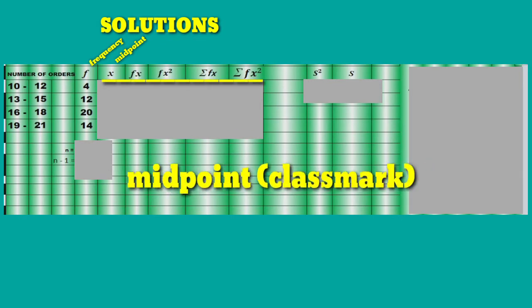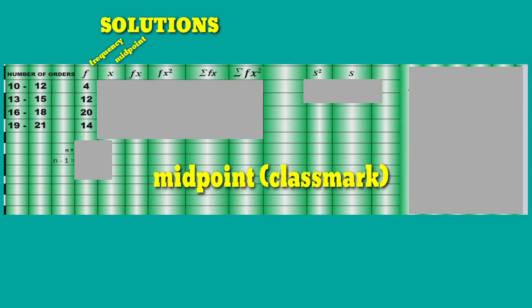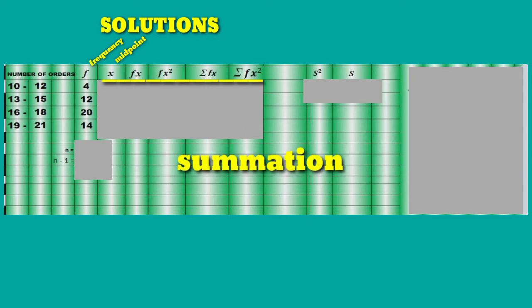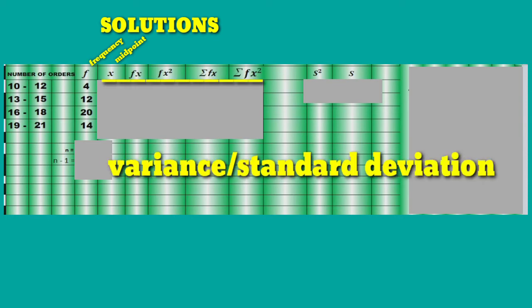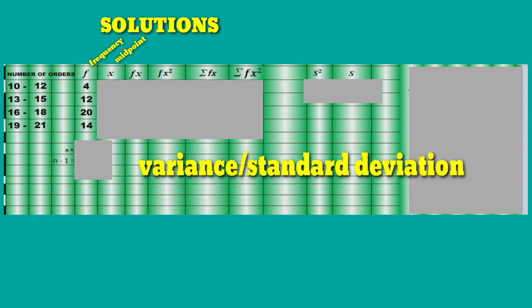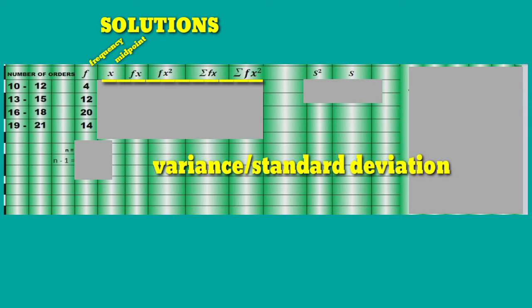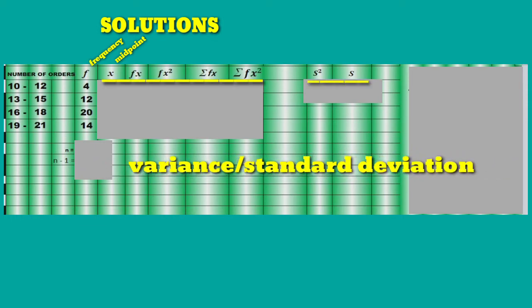Then your fx, the column for fx squared, the column for the summation of fx, the column for your summation of fx squared, and the column for your s squared, which is your variance, and the column for your s, which is your standard deviation.